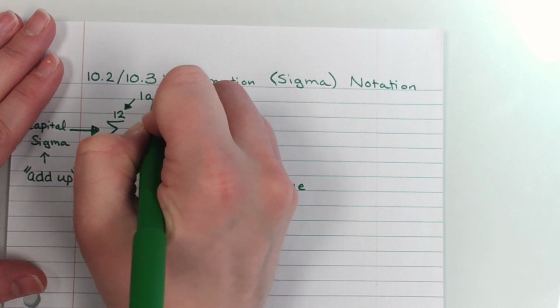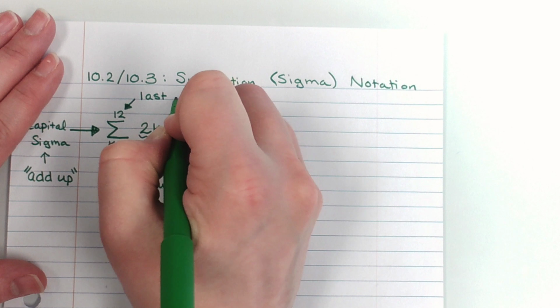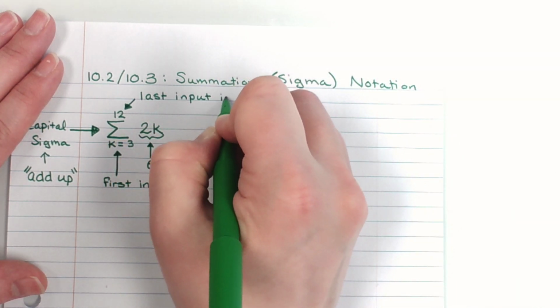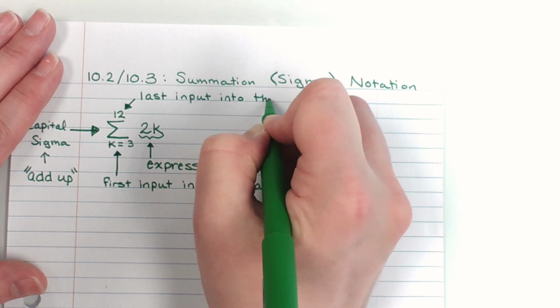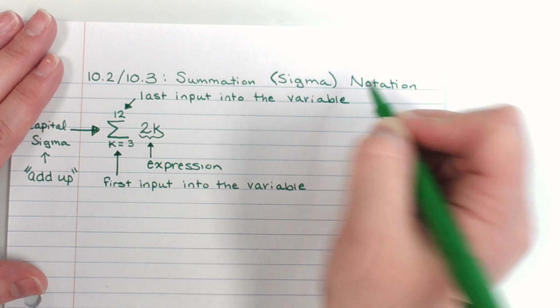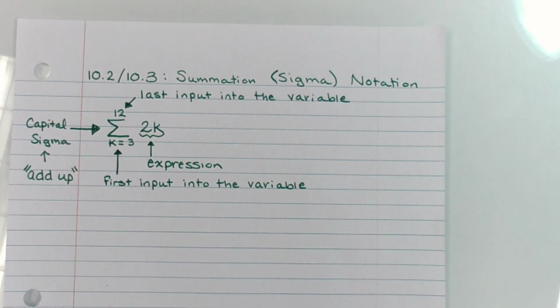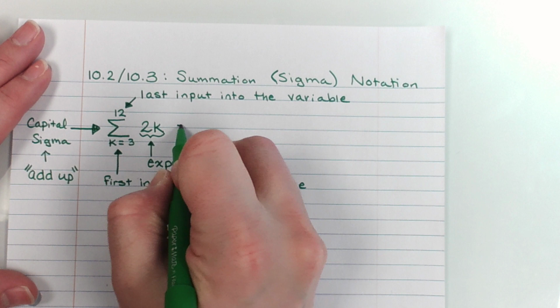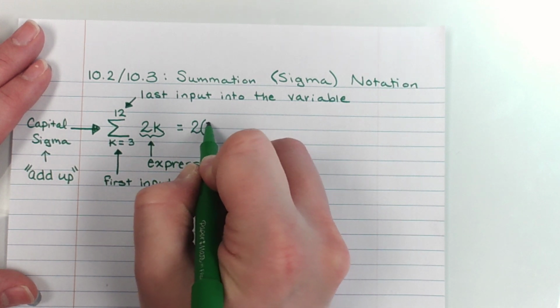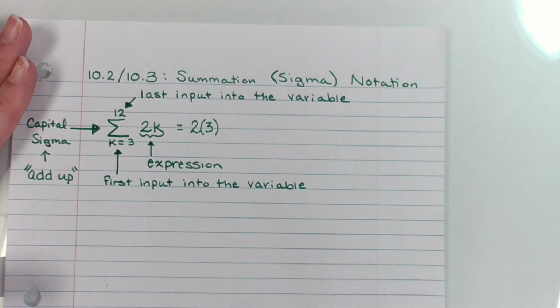This is the last number we input. So for this particular problem, that means that this is equal to 2 times 3, because that's the first thing we plug in.